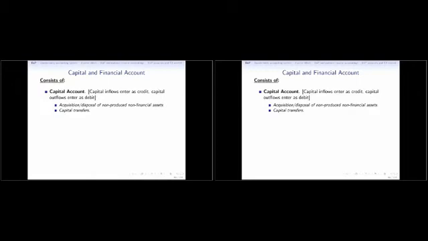Capital transfers, for example, due to migration, right, or donation of money. Australia can provide official development assistance to developing countries, correct? And that amount will go here. Well, of course, we are not talking about food donation, not about textbook donations, right? Because textbook donations will go to the current account.